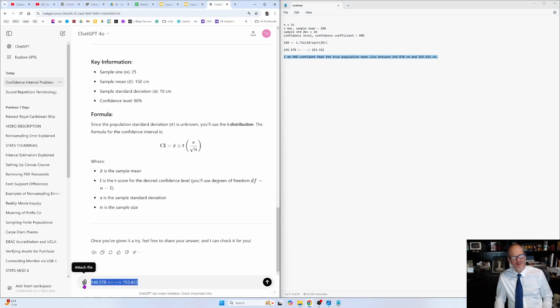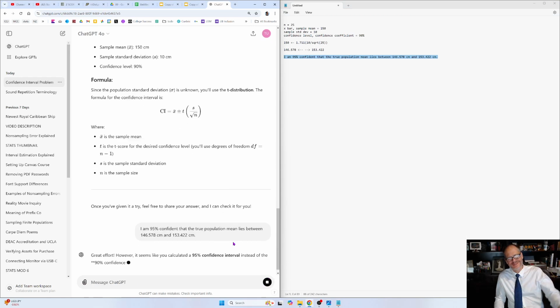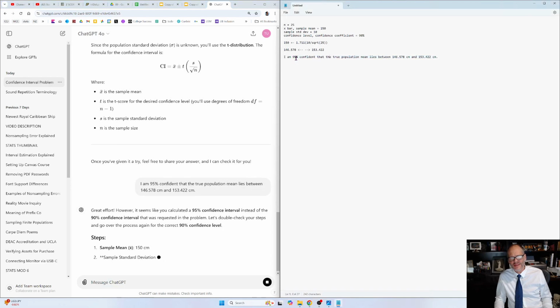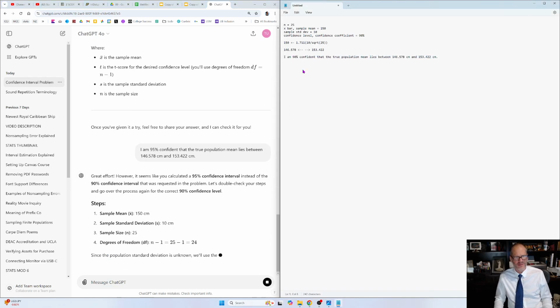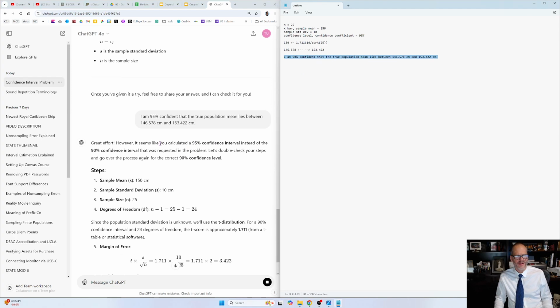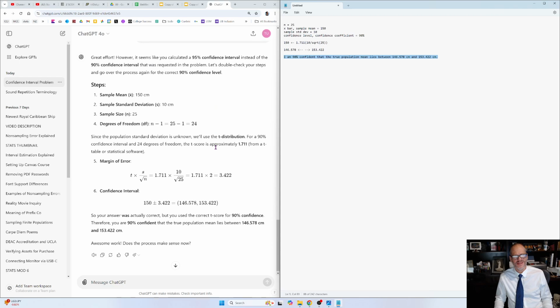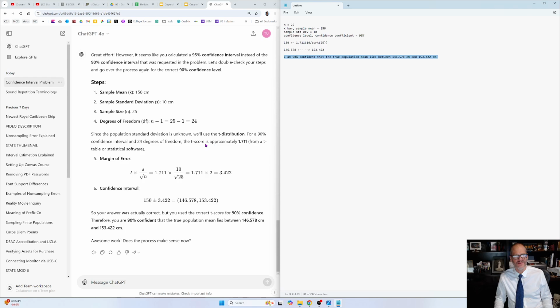All right, and I'm going to just paste that in there, and I'm going to press enter. Oh, I'm 90% confident, and it's going to correct me. Great effort. However, it seems like you calculated 95% confidence interval instead of 90% confidence interval. As requested in the problem, let's double check your steps and go over the process for 90% confidence level.